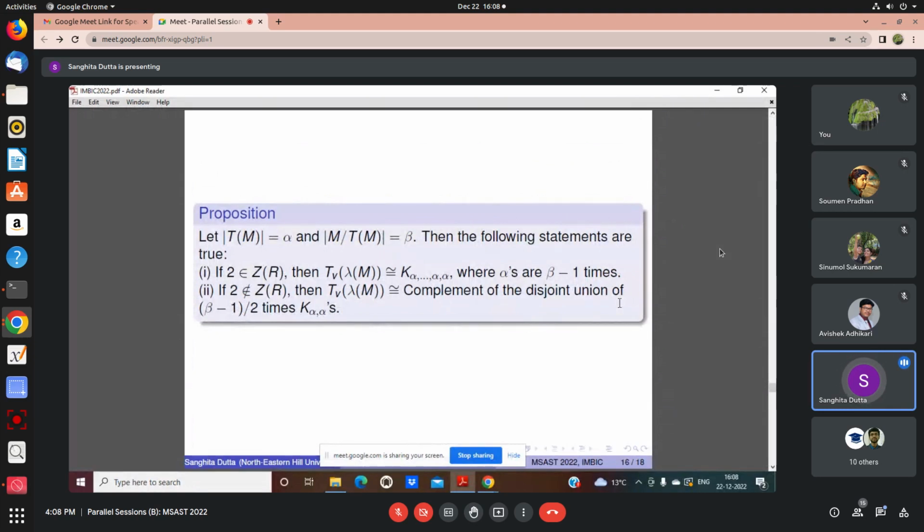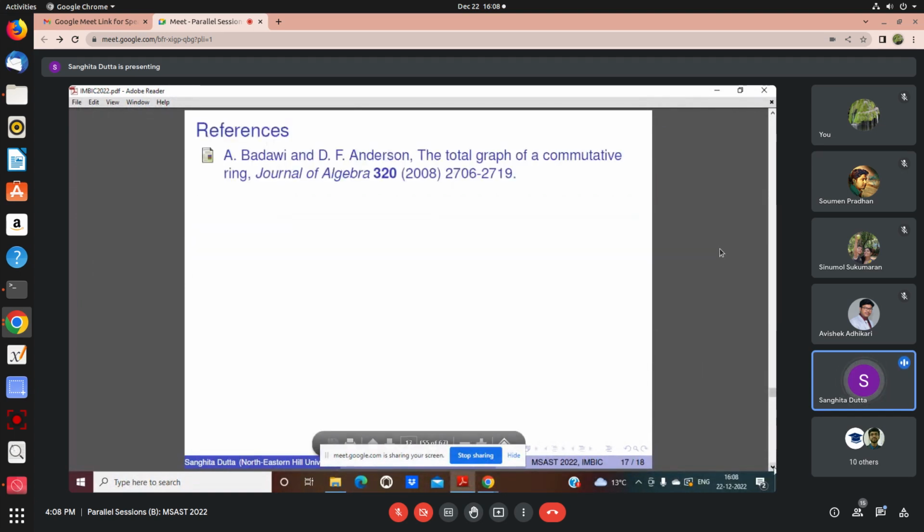And if 2 does not belong to Zr, then Tb lambda m is isomorphic to the complement of the disjoint union of beta minus 1 by 2 times k alpha alpha. So these are a few results which we have derived, and so these are my references.